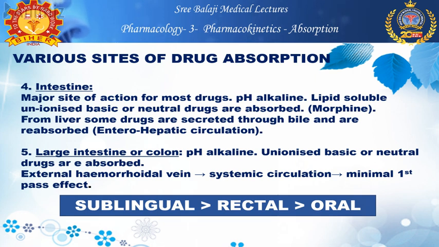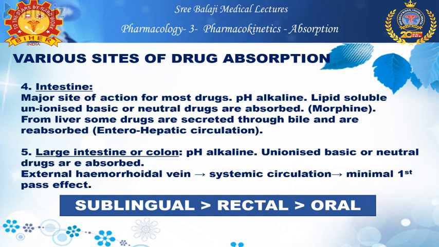Moving to the large intestine or colon, the pH is alkaline. So unionized basic or neutral drugs are absorbed from the large intestine or colon. Another thing here is that the external hemorrhoidal vein comes into play. It will take the drugs into the systemic circulation.